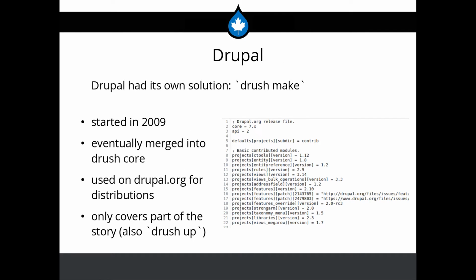So for Drupal, we've had our own solution for a while, and this is where the fact that Composer was started in 2012 becomes important. Drush Make was started in 2009. Drupal has been around for a long time, and we've often tried to find our own solutions to deficiencies in PHP itself or the PHP ecosystem.